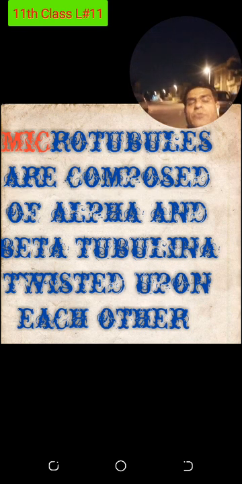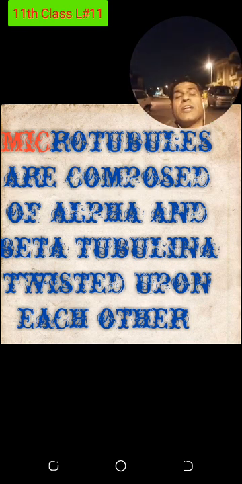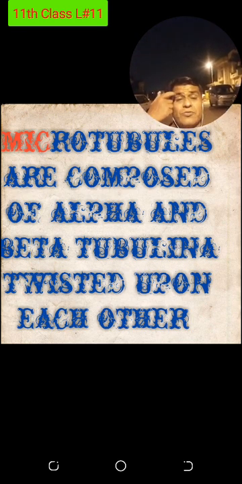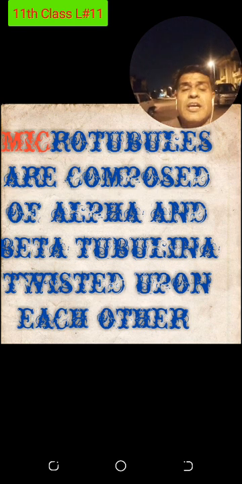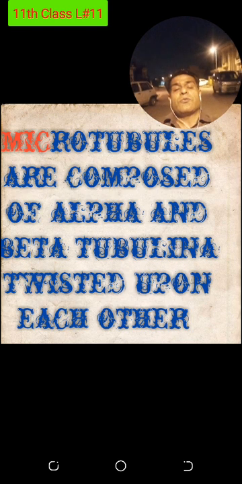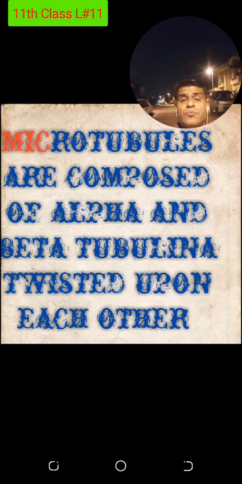Three types of cytoskeleton I will speak once again. One is microfilament, we were studying in the last lecture. Repeat lecture number 10 and see what the microfilament is. In this lecture I am telling you the type of cytoskeleton which I left. One is microtubule and the third one is intermediate filament, which I have to discuss after some time. Microtubule is a polymer. It is a type of cytoskeleton.